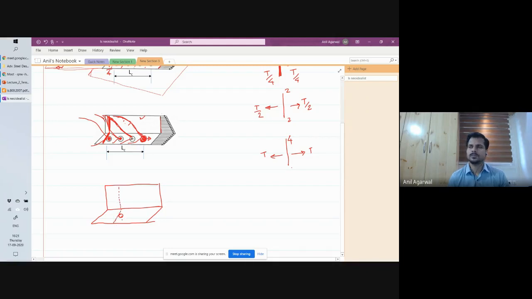Right here, passing through the hole. The force would have been acting right at this edge, and then the net section was passing through this hole.